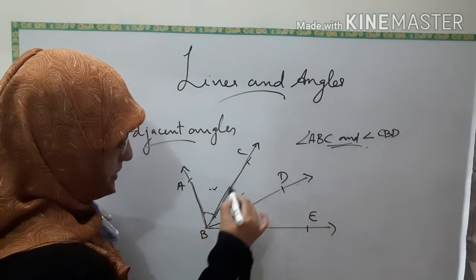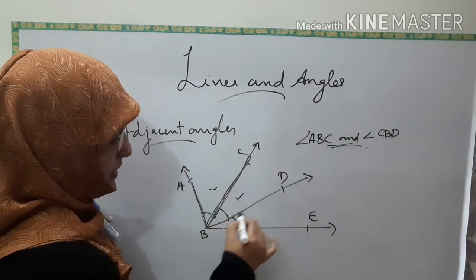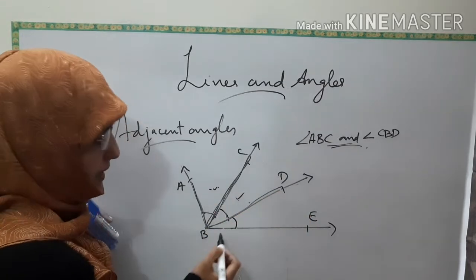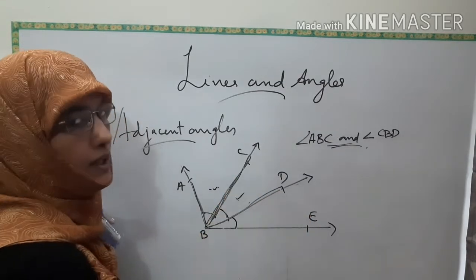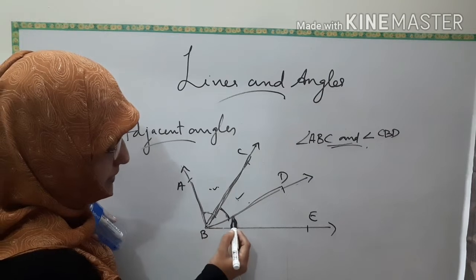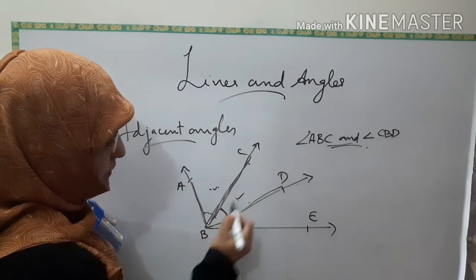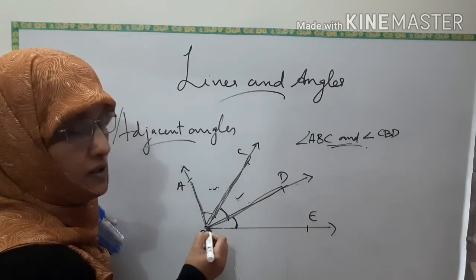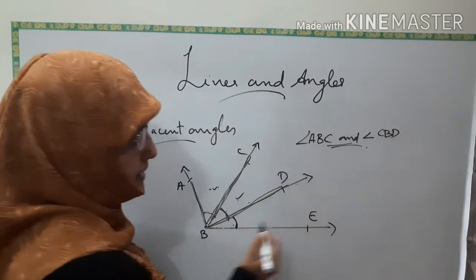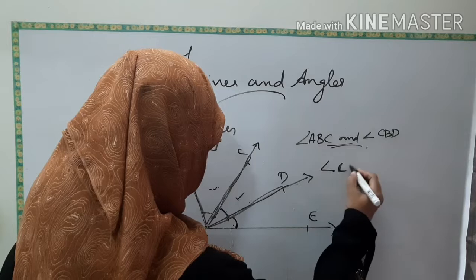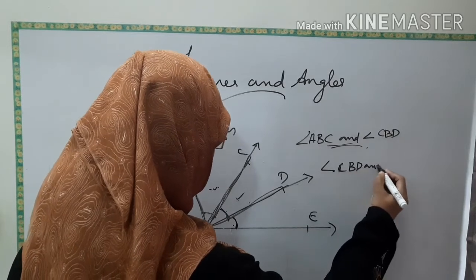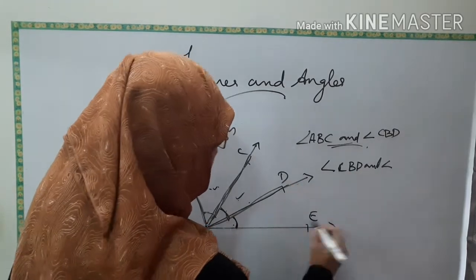Angle ABC and angle CBD are adjacent angles. They have the common vertex and common arm. What about these two angles? They also have the common vertex and common arm, isn't it? So they are also adjacent: angle CBD and angle DBE.